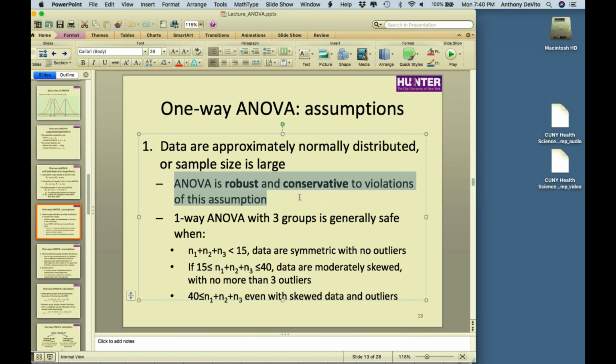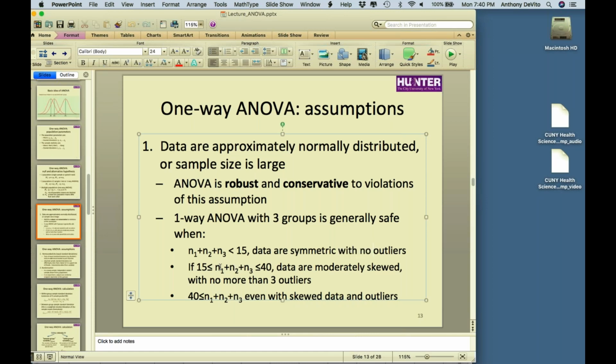Analysis of variance is robust and conservative. In other words, we can tolerate some deviation from being normally distributed. Some statistical analyses you may not be able to tolerate it, but for analysis of variance, you can. One-way analysis is generally safe if, when working with three groups, the total sample size is greater than 15 and there are no outliers.